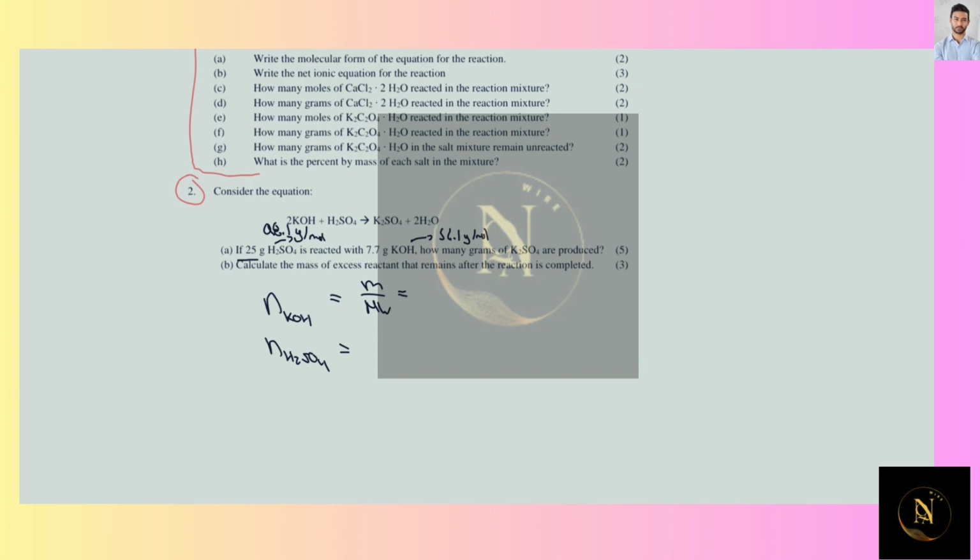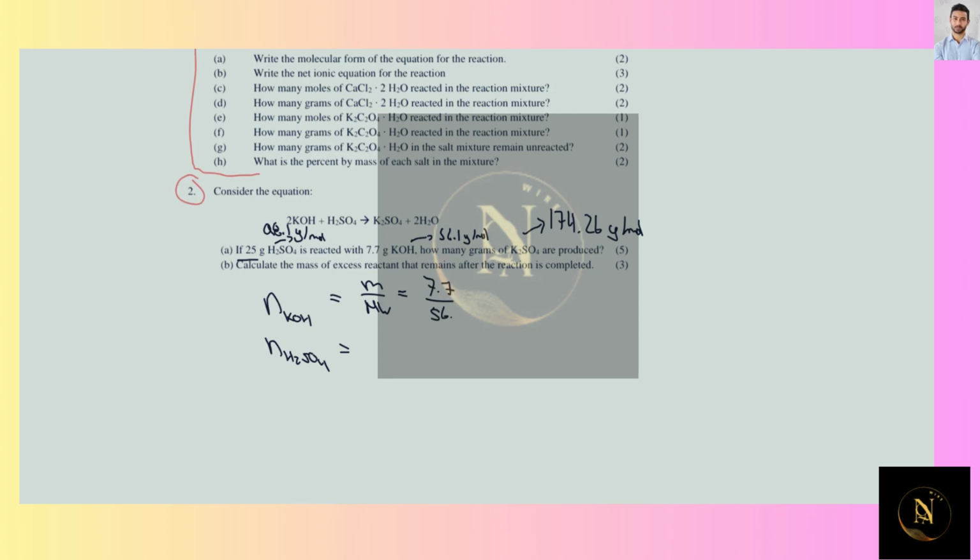And for potassium sulfate, we're going to have a molecular weight of 174.26 grams per mole.